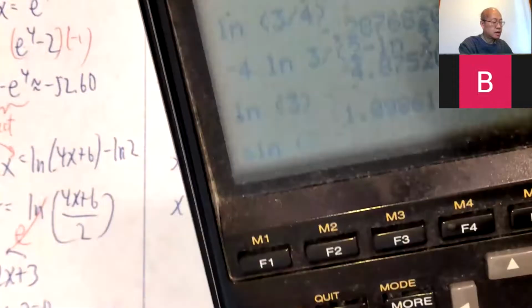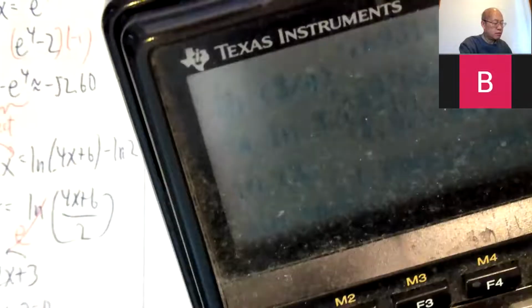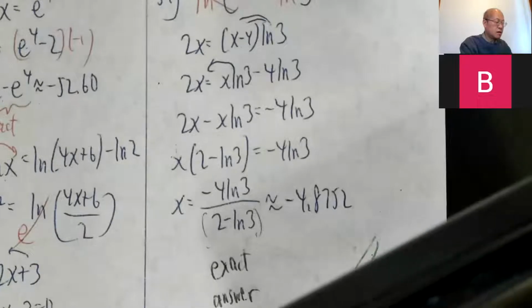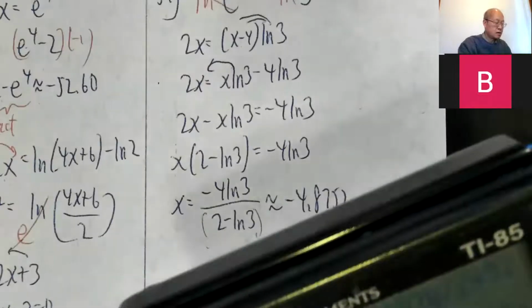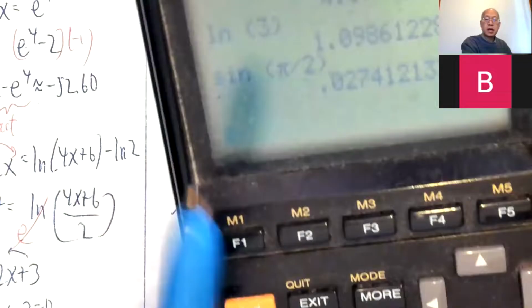Okay, so I don't know, sine pi over 2 or whatever. Sine parentheses pi over 2. Whoops. Try to get this thing to focus, but I'm not.